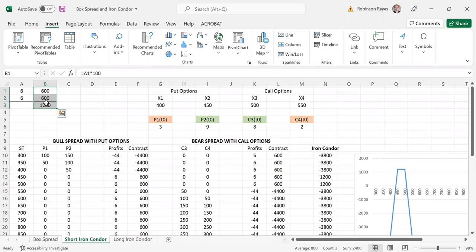Now, if price goes up and it crosses the strikes, the middle strikes, and then the second strike, then you will then incur losses, and you already know that the maximum loss is 3,800, right?